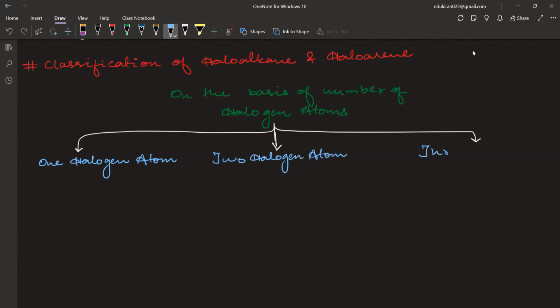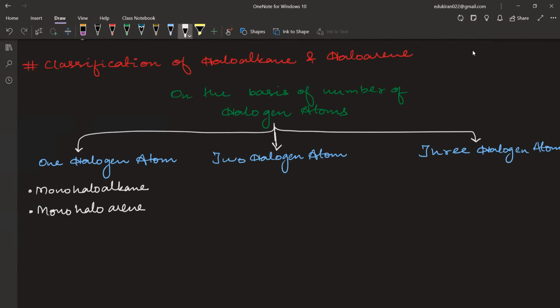When you have three halogen atoms. So when you have one halogen atom, the haloalkanes are known as monohaloalkane. Haloarenes are known as monohaloarene. Let me just turn my mic off, and I hope you can copy it down while I'm writing.